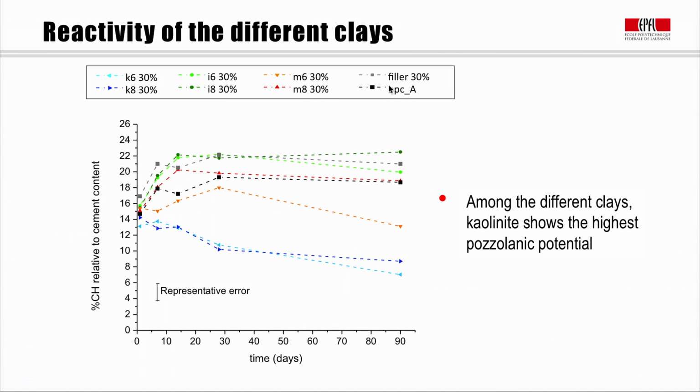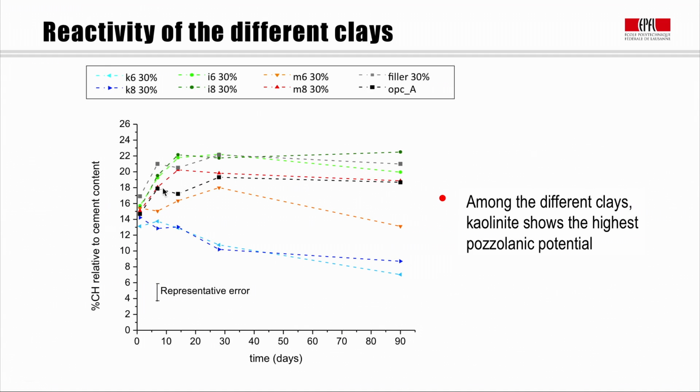And as references, we've got the plain OPC and the plain OPC with just an inert filler, which in this case was quartz. So we can see how the different clays react by looking at their consumption of calcium hydroxide relative to the amount of the cement, the clinker-based cement, OPC.